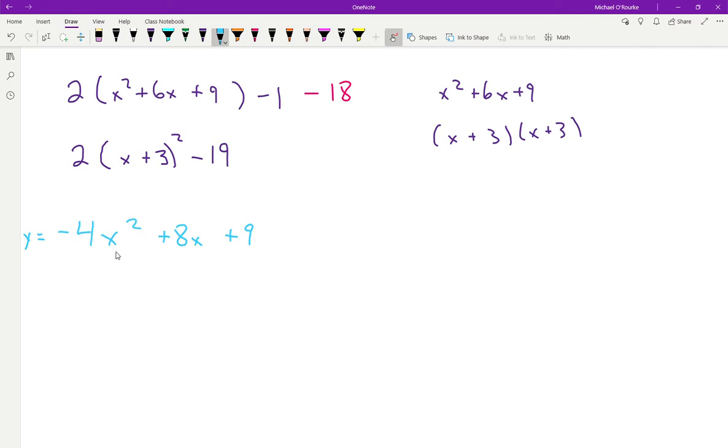So we're only going to factor it out of the first two terms. So we're going to take negative 4 out, which is going to leave us with x squared. Divide this by negative 4, divide this by negative 4, minus 2x. And we're not going to worry about this 9. We're just going to put it over there.